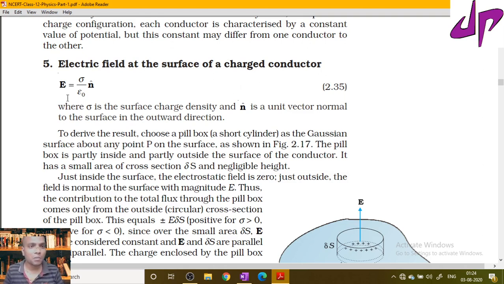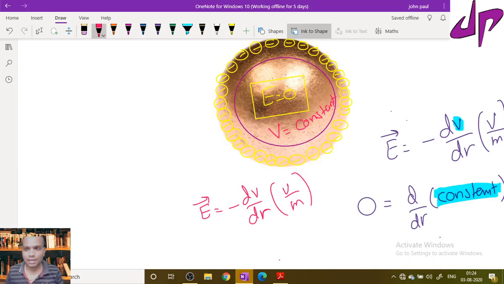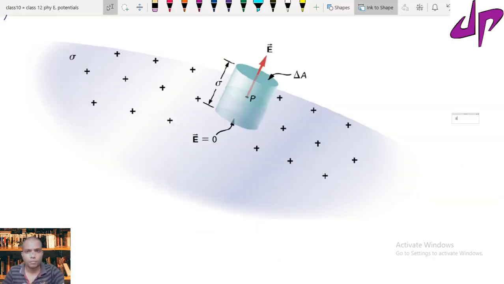This is the formula for the electric field at the surface of a charged conductor: E equals sigma by epsilon naught. Let's derive that. For that, let me take a positively charged conducting surface to find the electric field on it.